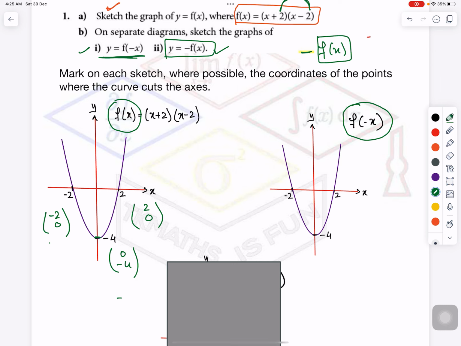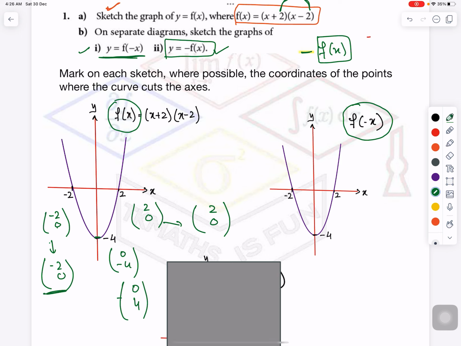So now in this case, if I change my y coordinate, I'm writing in the column vector form, minus 2, 0, because 0 will remain 0. Minus 0 and plus 0 is nothing, it's 0. Similarly, this will remain 2, 0. What about this one? 0, 4. Minus 4 will become plus 4.